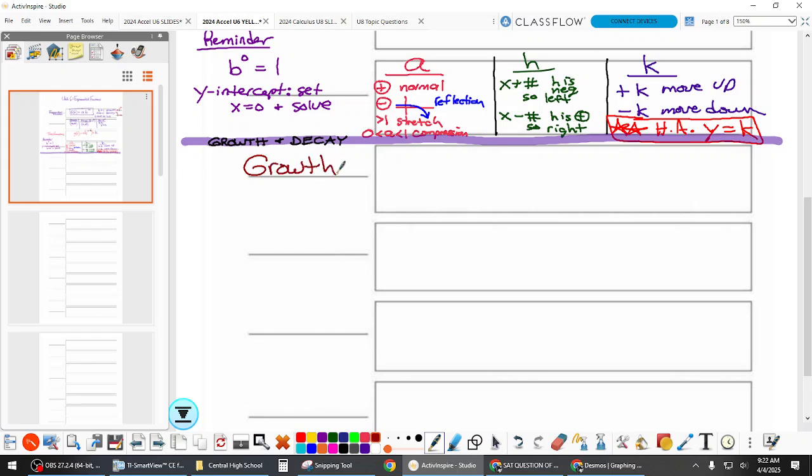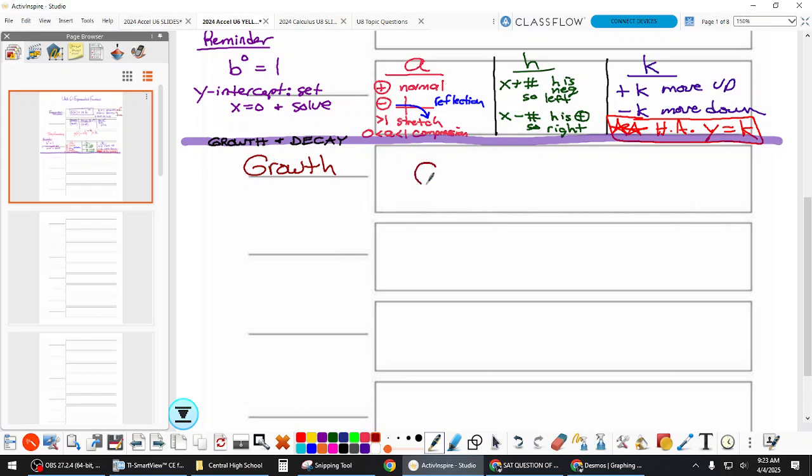Okay, growth. Guys, growth again means obviously that this should be shooting up. What we're going to do is give you a template equation for both growth and decay that you can use to write function rules for these real world problems that we encounter. A lot of the problems we do in this unit are applied, meaning in context.